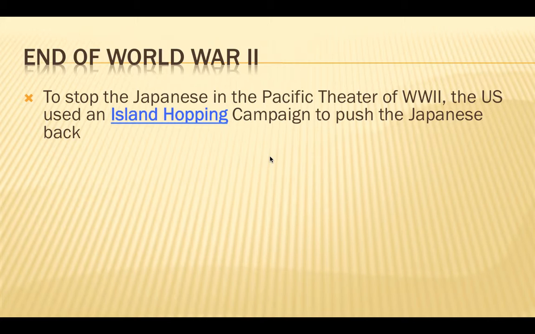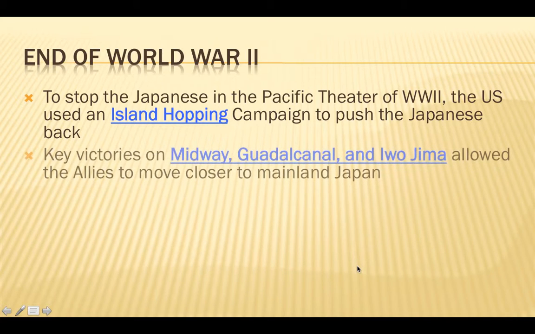So the United States went to each one of those islands and fought each island back. Some of which the United States kind of kept for our own territory, and some we gave back to the people. Some key victories for the United States were Midway, Guadalcanal, and Hiroshima.